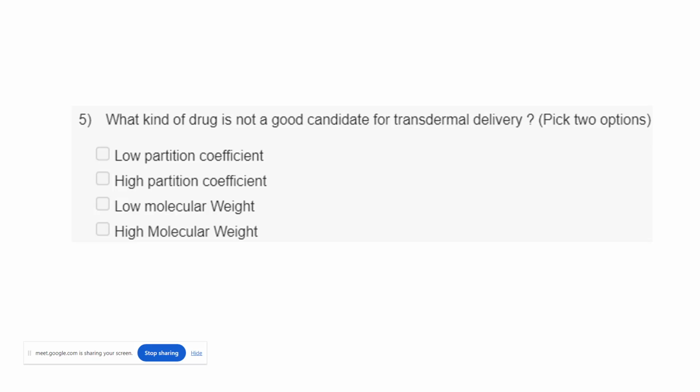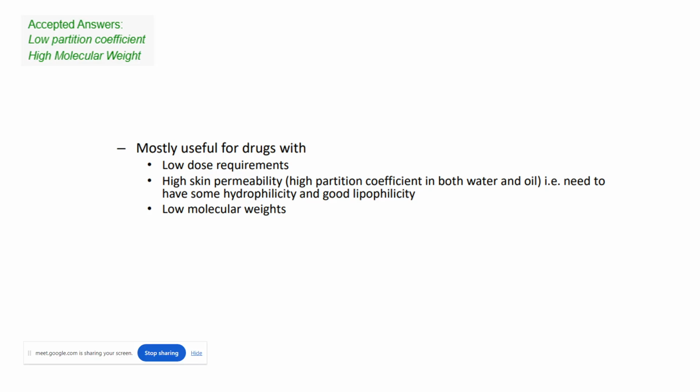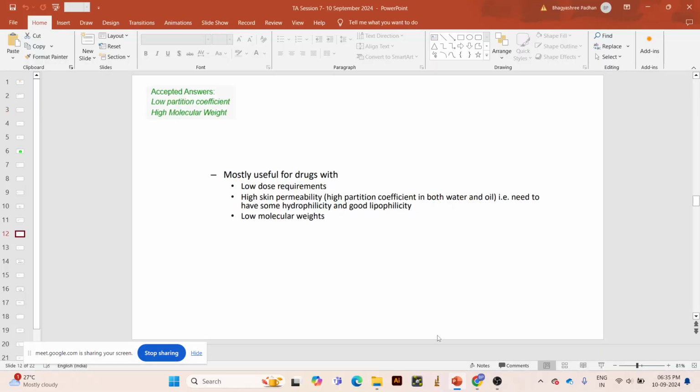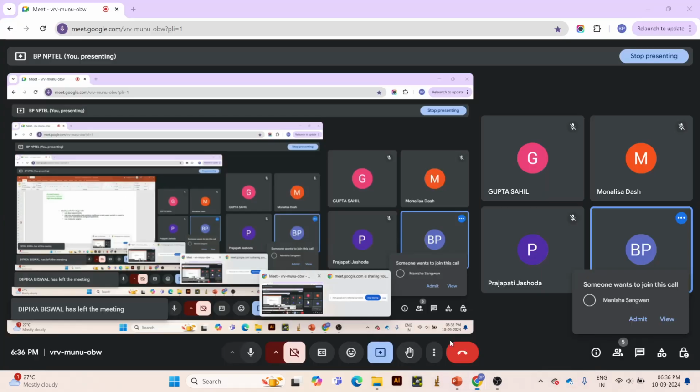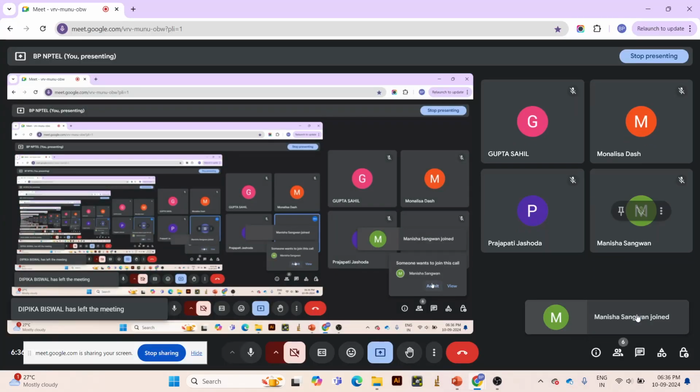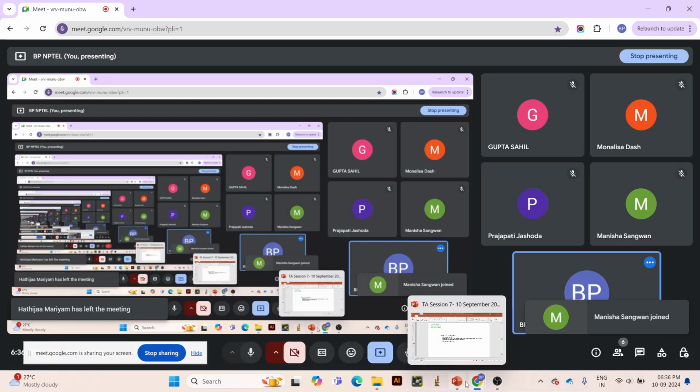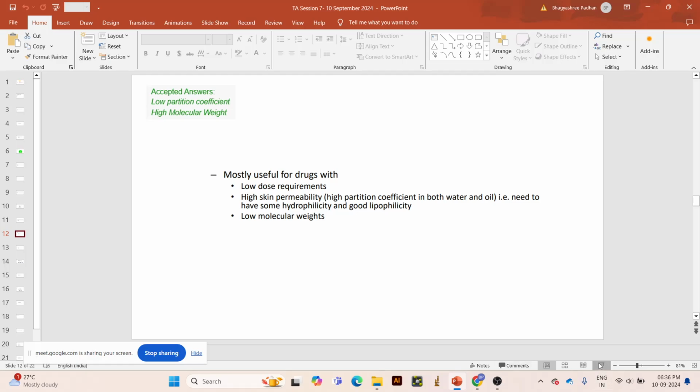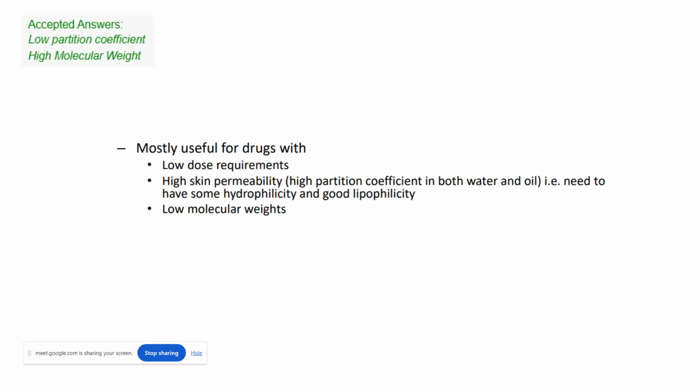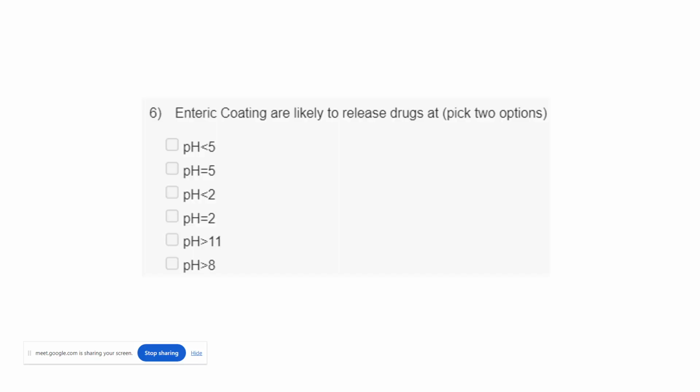For a good candidate for transdermal delivery, it should have a high partition coefficient, and for both water and lipid solubility, it should have both high partition coefficient and low molecular weight so that it can traverse through the transdermal barriers. Thus, low partition coefficient and high molecular weight would not serve as a good candidate.